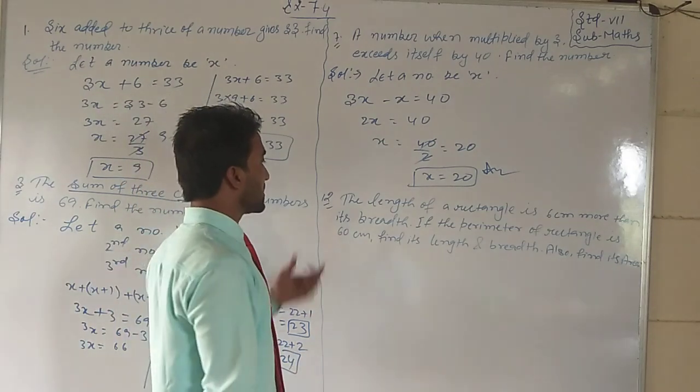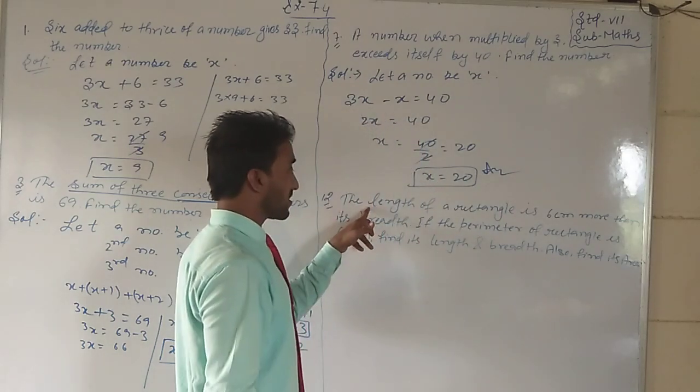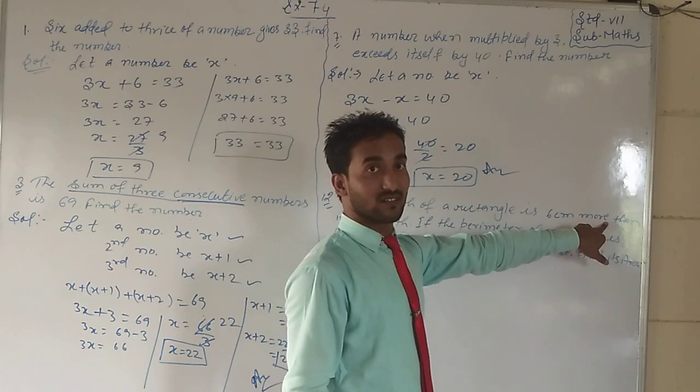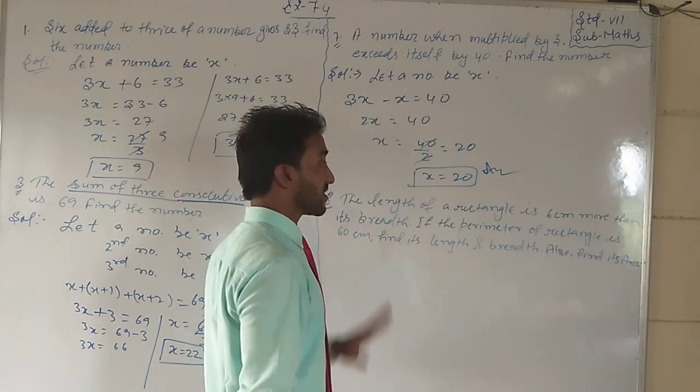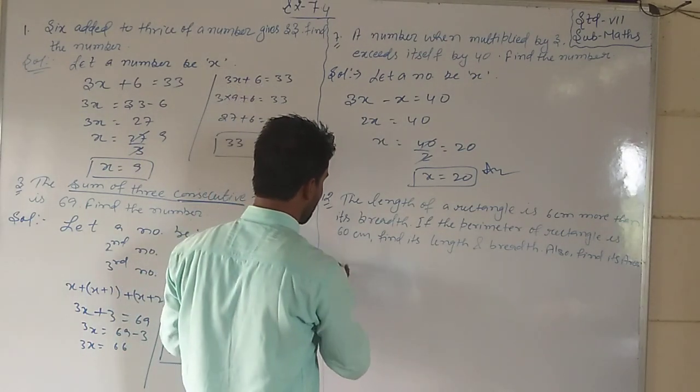Okay. See again, the length of a rectangle is 6 cm more than its breadth. Are you getting my point? Simple. We will write the solution.